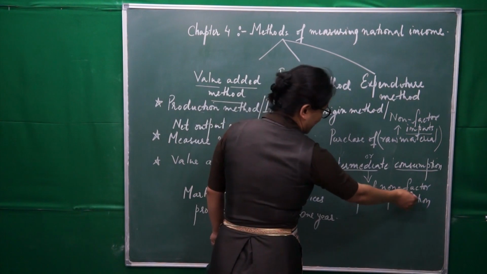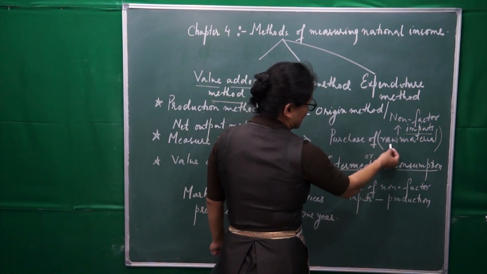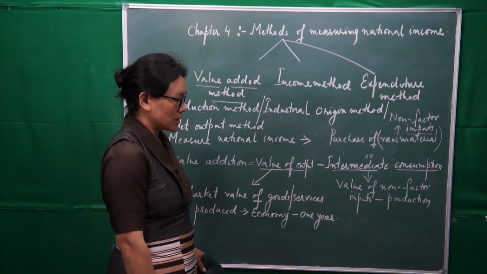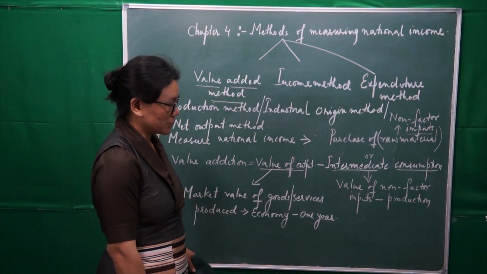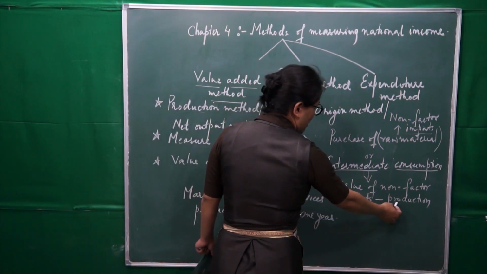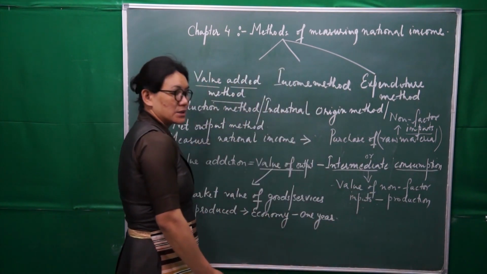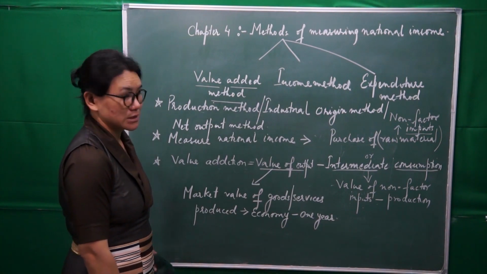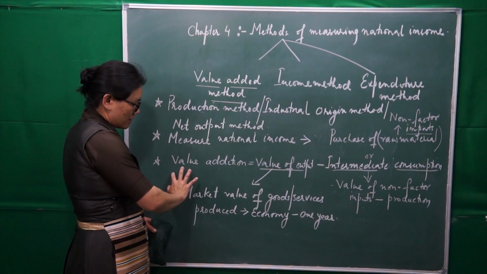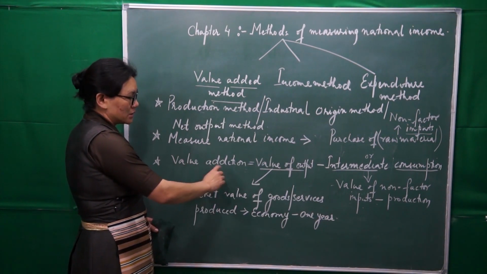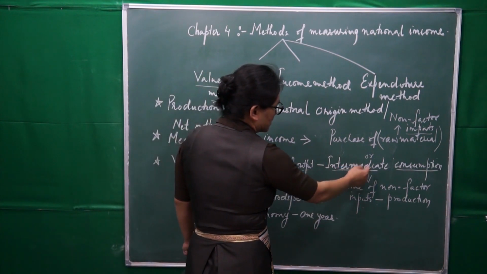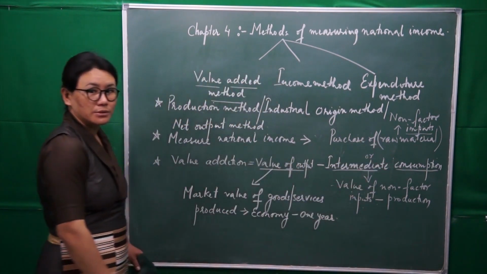So non-factor inputs, I have taken here raw material. Okay, so raw material is the non-factor input. So value of non-factor inputs which are used in the production process is nothing but intermediate consumption. Right? Now again, what is the meaning of value addition here? It is the difference between value of output minus intermediate consumption. Right.